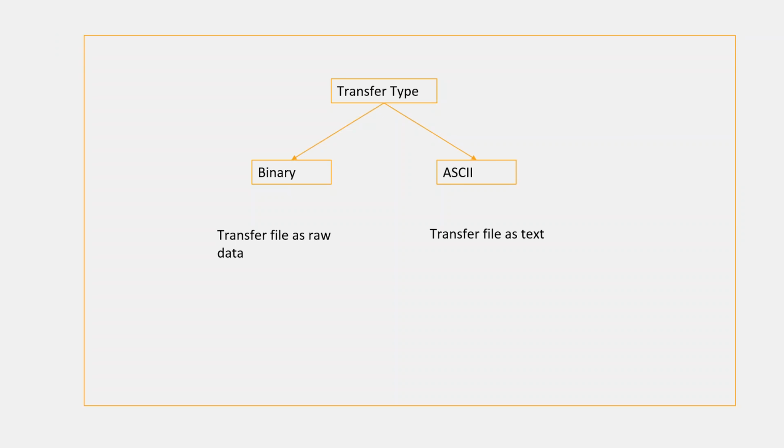This will be useful for things like .wav, .jpg, .jpeg, .gif, etc. Whereas ASCII transfers the file as text, like .txt, .html, .php, etc. Usually the FTP setup is done by default to select binary or ASCII automatically. So if it is explicitly configured in our FTP connection whether to select binary or ASCII, in that case you need to give these values in the operation. Else it takes the default.